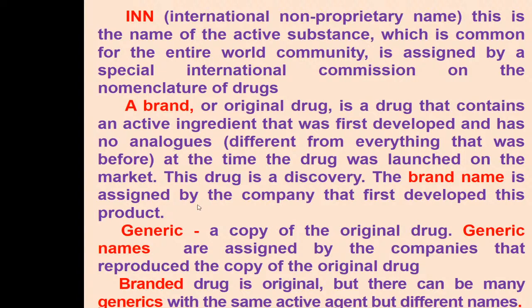Generic names, generics. A generic is a copy of the original drug. After a pharmaceutical company first produced the drug and called it with a brand name, only this company is able to produce and spread this drug.